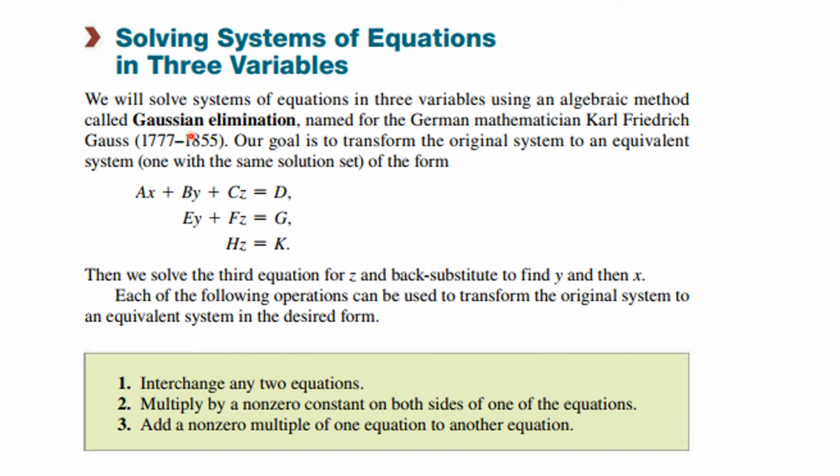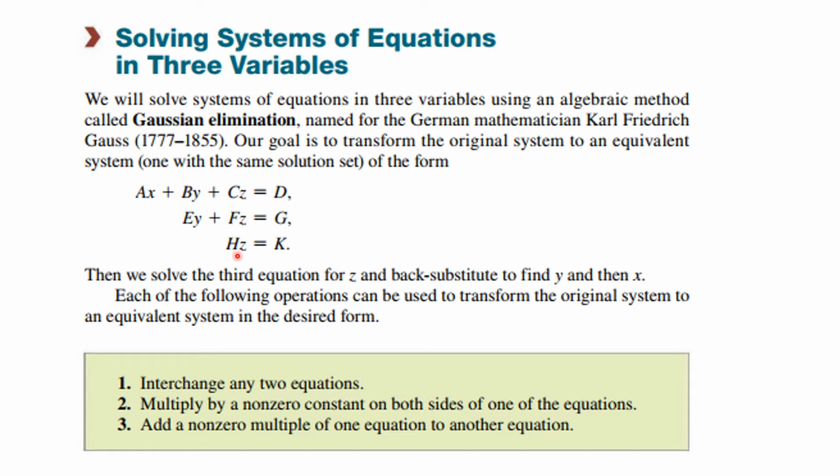We're going to use a technique that's called Gaussian elimination. It's named after someone named Gauss. And our goal is to transform the original set of 3 equations and 3 unknowns into an equivalent system, one with the same solution set, that is of this form: ax plus by plus cz equal d, ey plus fz equal g, and hz equal k.